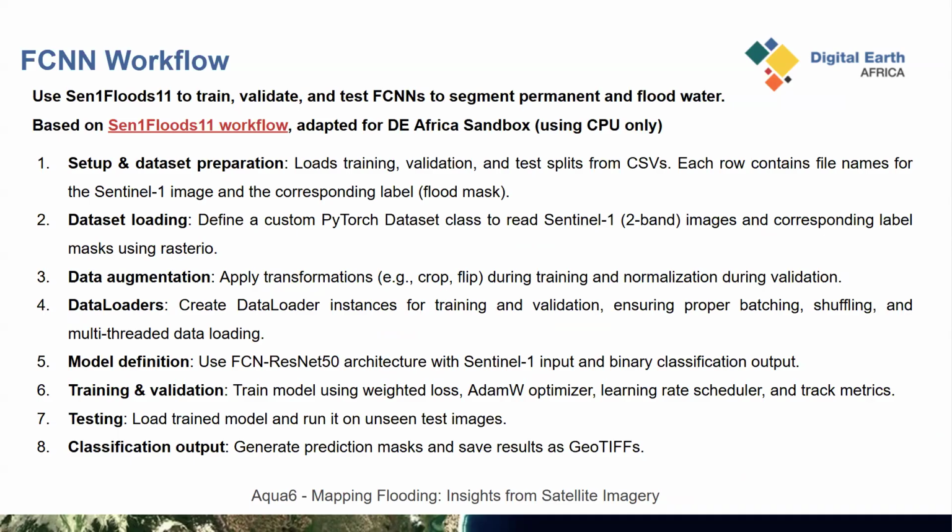The model is an FCN with a ResNet 50 backbone modified for binary classification. We train and track some key metrics such as accuracy and intersection over union to monitor the performance, and we then run the model on unseen test data to see how well it performs.